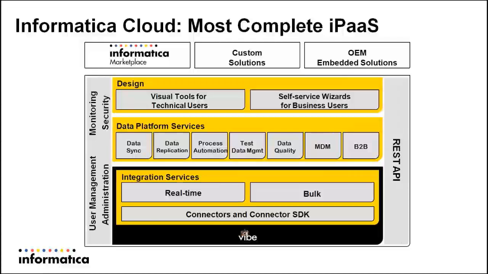We have a full set of connectors and an SDK to extend the connector capability, monitoring, security, and a full set of REST APIs so you can access any of the features in Informatica Cloud on a system-to-system basis if you're doing your own applications or if you're OEMing the solution, etc.